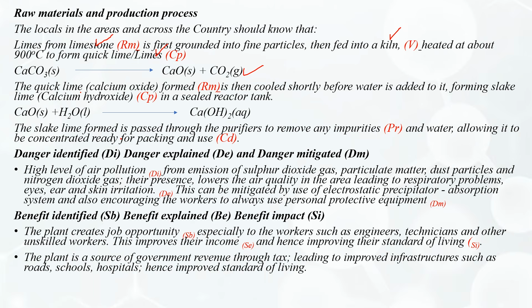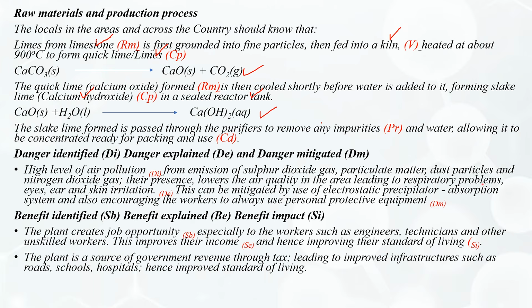That is a chemical process. It is forming a new compound in a sealed reactor tank. The sealed reactor tank is the vessel, and you can also include the chemical equation. Then the slaked lime formed is passed through purifiers to remove any impurities.